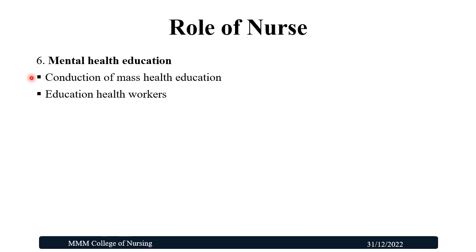Mental health education, conduction of mass health education through film shows, flashcards, appropriate AV aids, related to prevention of mental illness and promotion of mental health, educating the health workers.